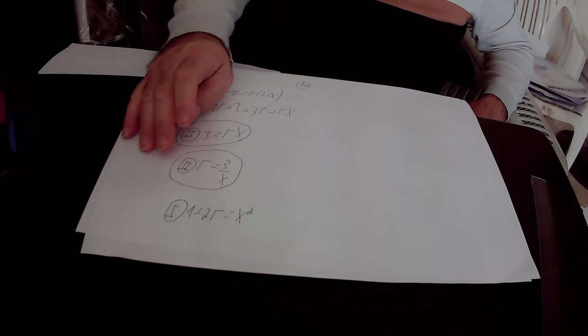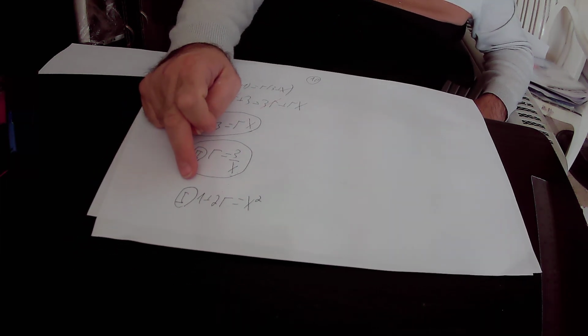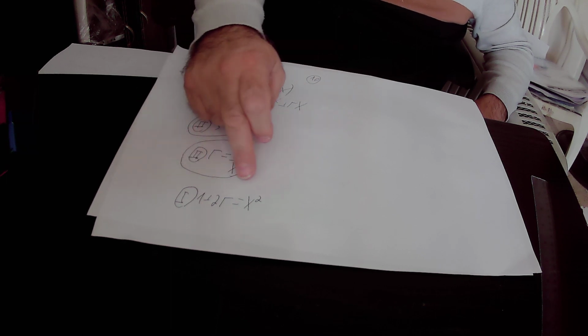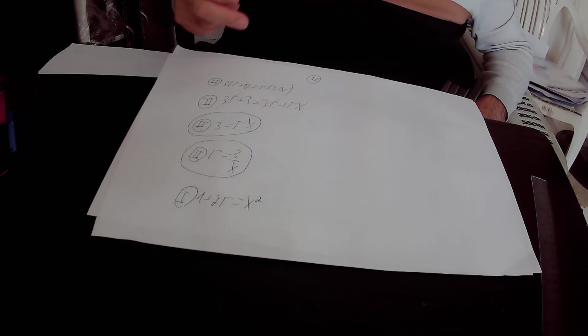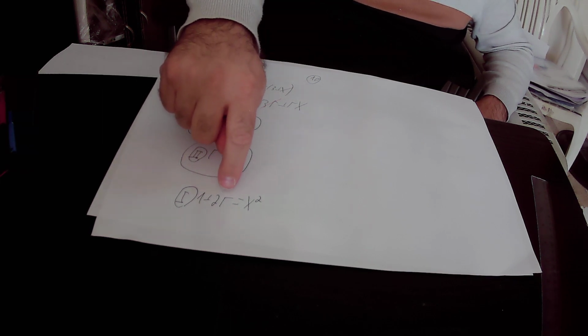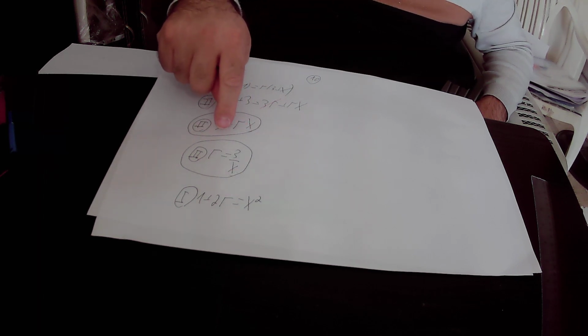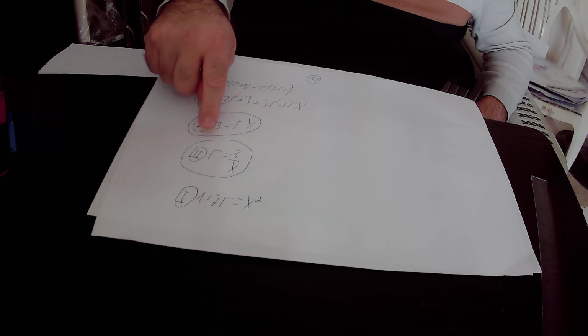But this is according to equation number 2, but according to equation number 1, we have already found that 1 plus 2R equals X squared. So here we can substitute 2R in equation number 1 by 6 over X, because 3 over X equals R according to equation number 2.